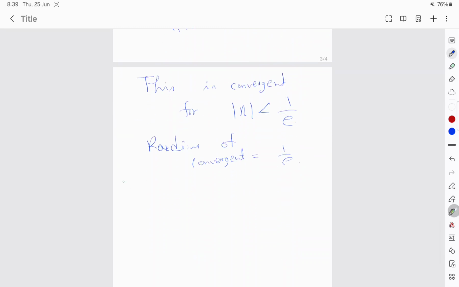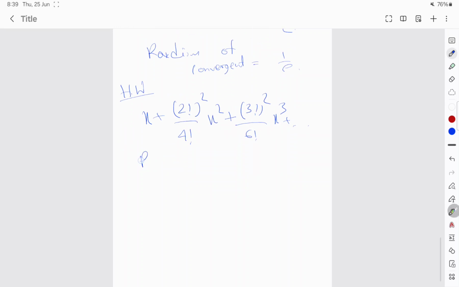Okay, so you try this one as your homework: x plus 2 factorial square by 4 factorial x square plus 3 factorial square by 6 factorial x cube plus so on. Find the radius of convergence.